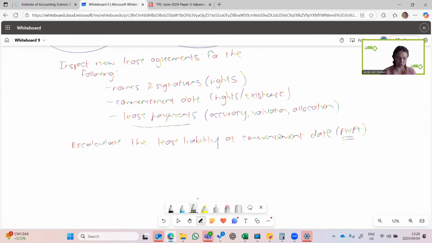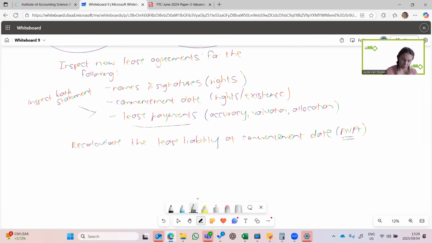Well, there's kind of like two ways, right? Because now you can inspect the bank statement, because the bank statement is an external source document. Management can't manipulate it. As the auditor, we can get it directly from the bank. So we can inspect the bank statement for those lease payments, and that's going to give us comfort that they actually exist and that we can actually use them to recalculate the lease liability, which is going to be part of our right of use asset.